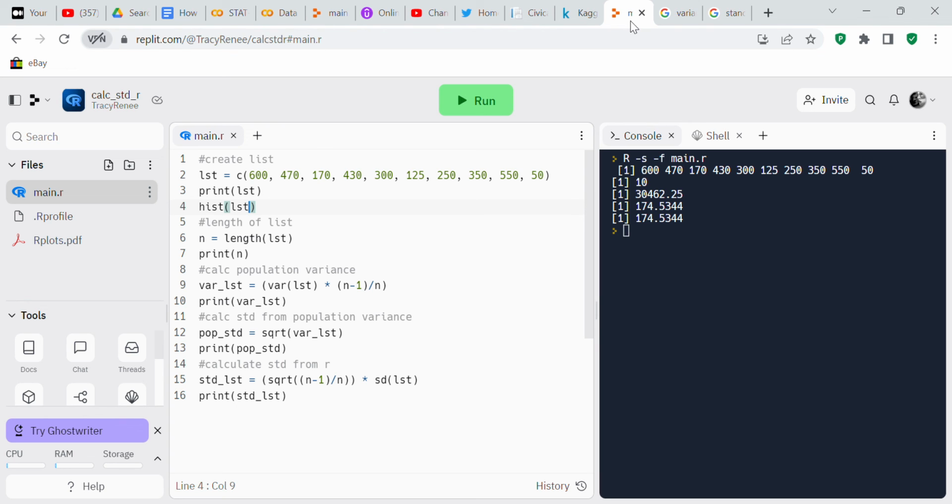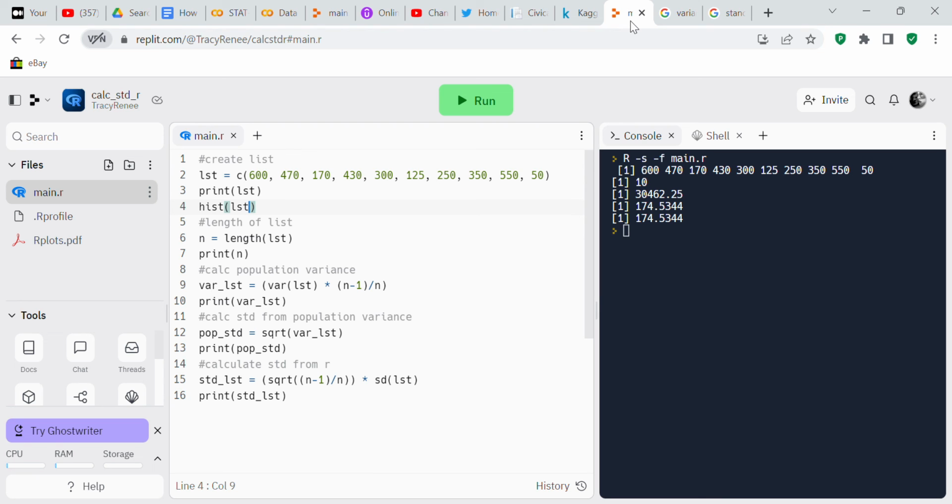And you got 174.5344. And now we're going to calculate the standard deviation from the code that is built into R. So std_lst equals sqrt((n minus 1) over n) times sd(list). And that's going to give you 174.5344.